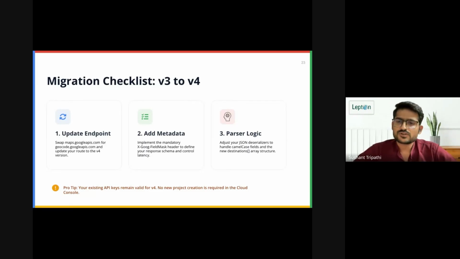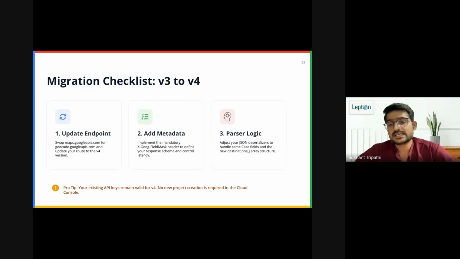After that, you also have to implement the metadata, that is, set up the field mask and everything. And as I told you before, the parsing logic: V3 had snake case, and now it uses camel case. That's all you have to switch.